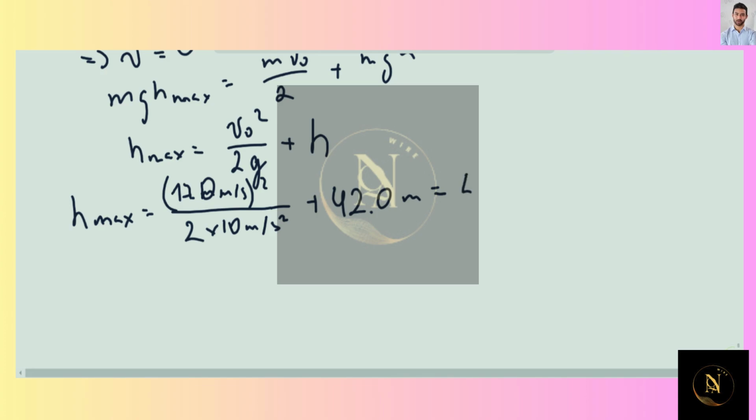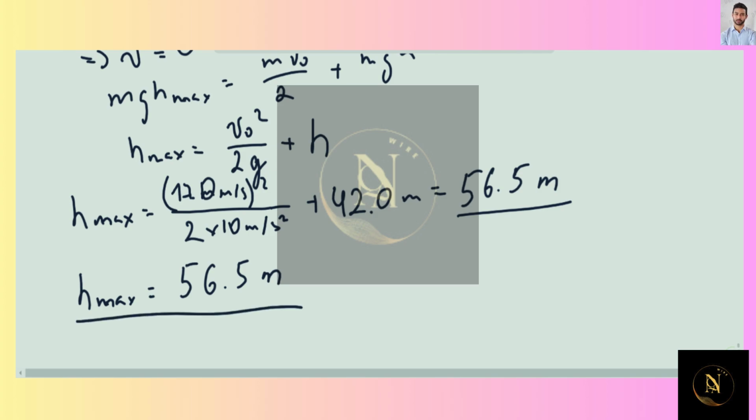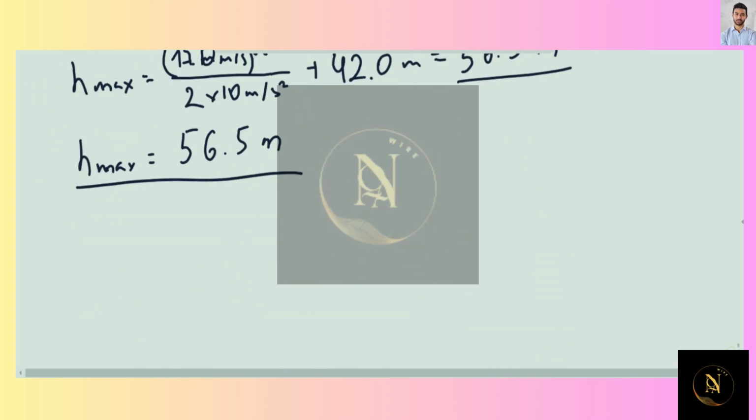So it equals 56.5 meters. So the maximum height of the roller coaster is 56.5 meters, which is the answer to question D. So now let's summarize our results.